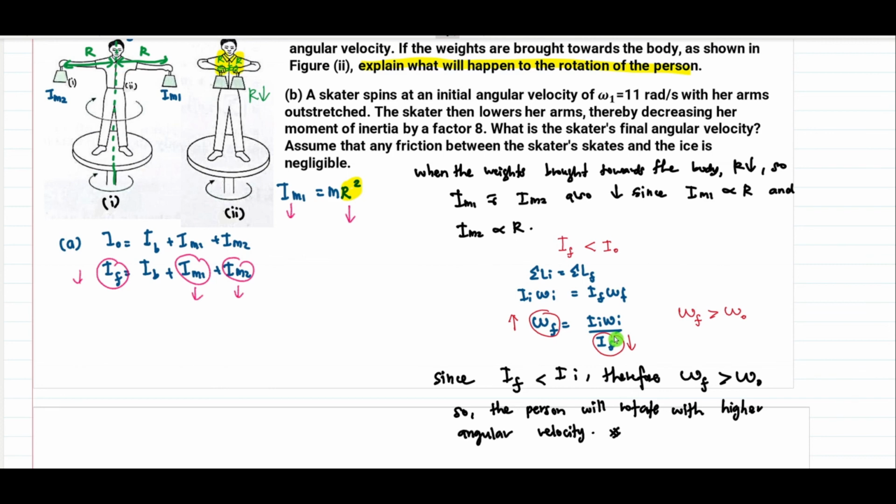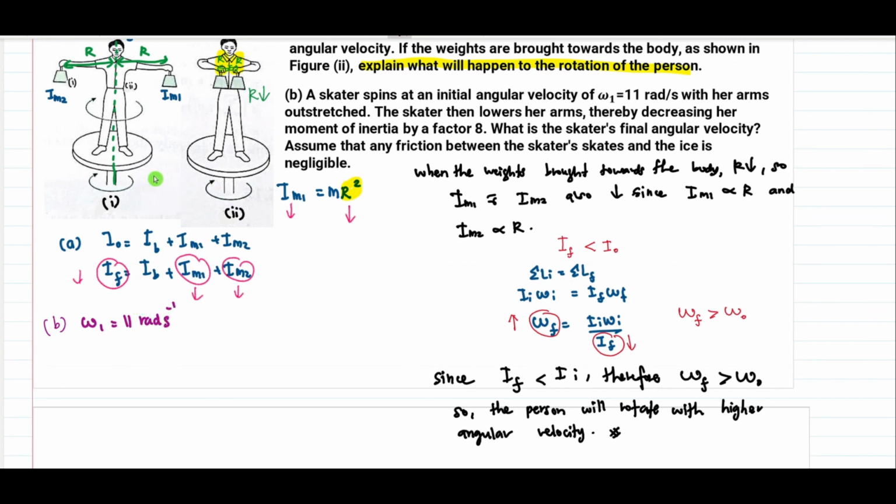And how about question B? So I will answer here. Question B. Here we have a skater who spins at initial angular velocity omega 1 of 11 radian per second, with her arms outstretched.